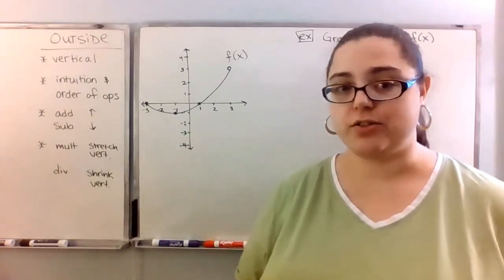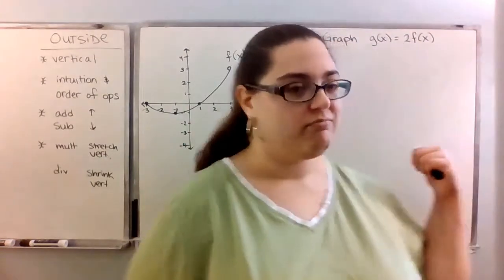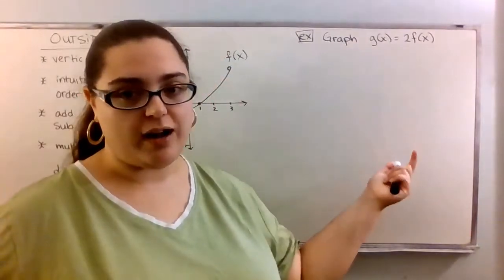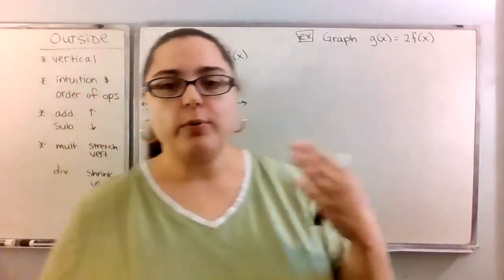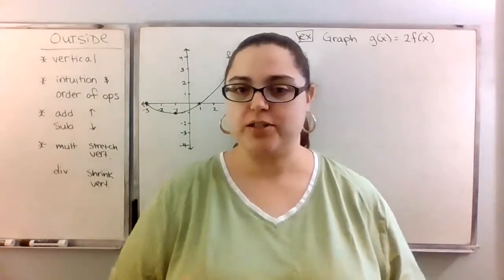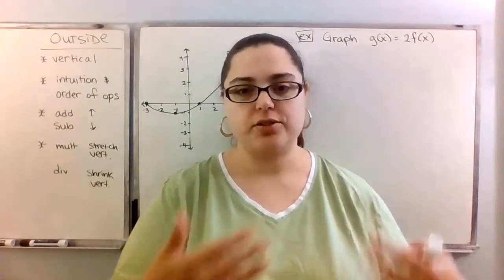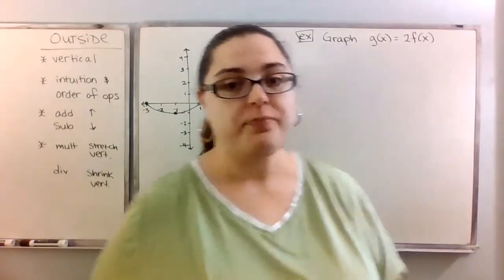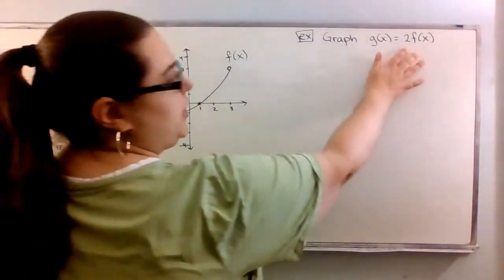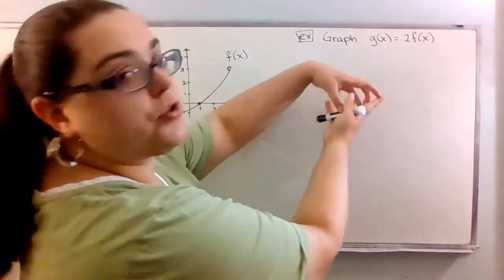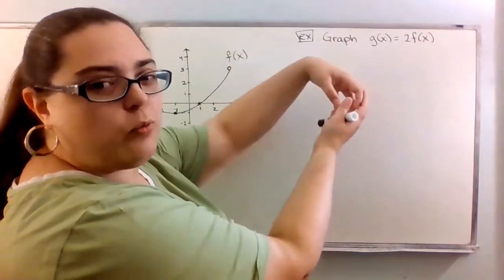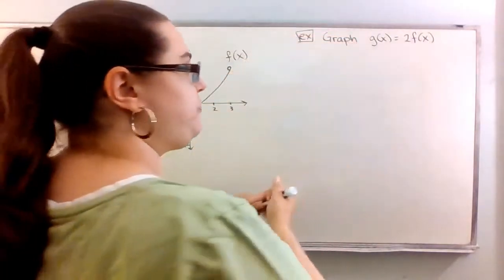In order for us to do this, we have to draw our new coordinate plane to graph on. So remember, we want to think about the impact that the transformation will have on the function to help us draw our grid. In this case, because we're multiplying by a 2, that means we're going to have to stretch vertically. So all our y values are going to get doubled.